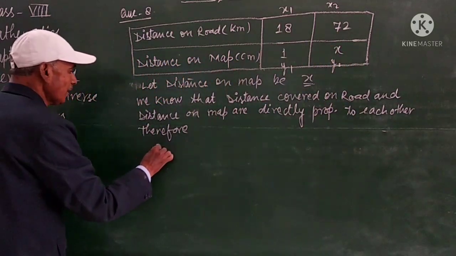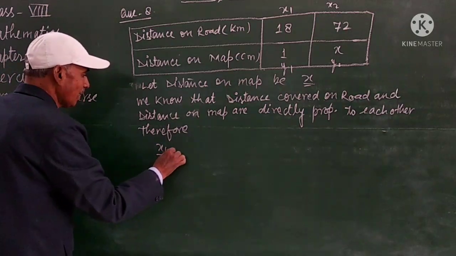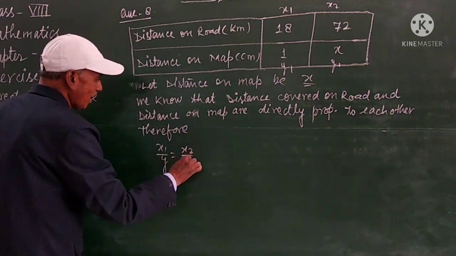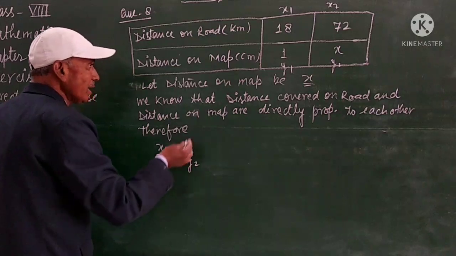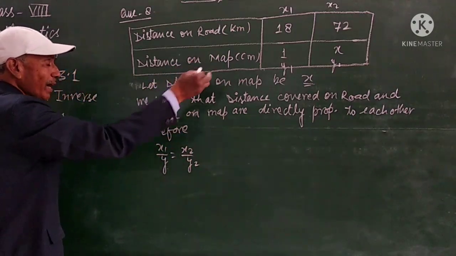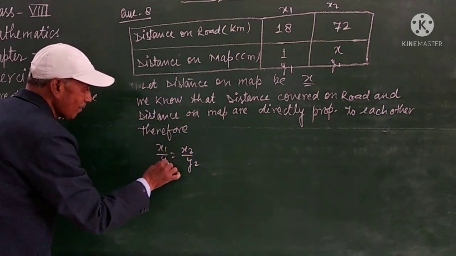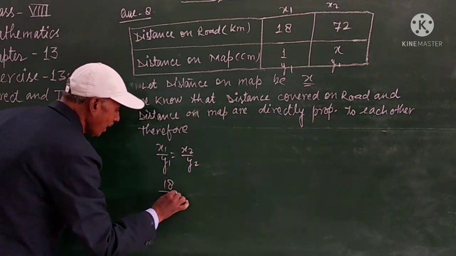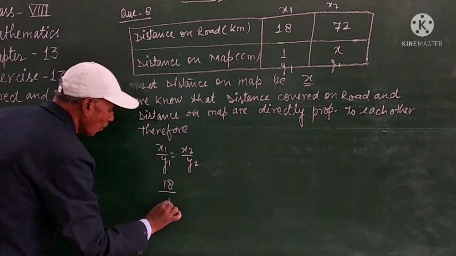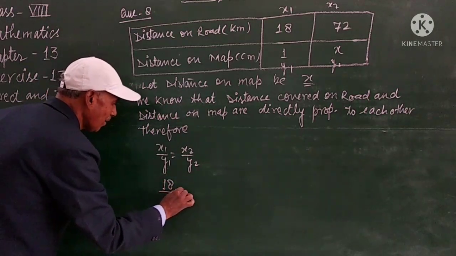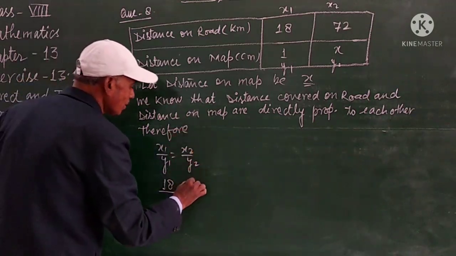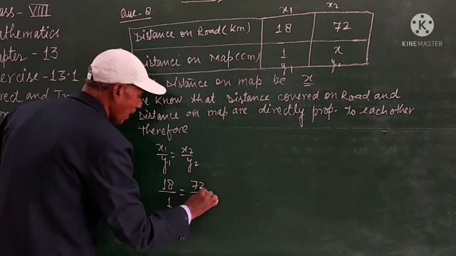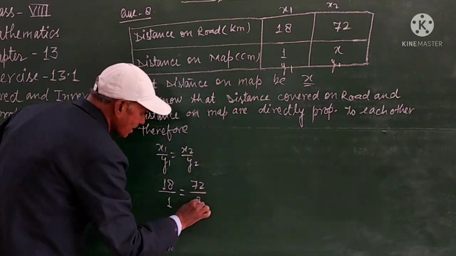So x1 upon y1 is equal to x2 upon y2, and in place of y2 we have taken x. So in place of x1, that is 18, and this one 1. 18 by 1 is equal to 72 by this one x.